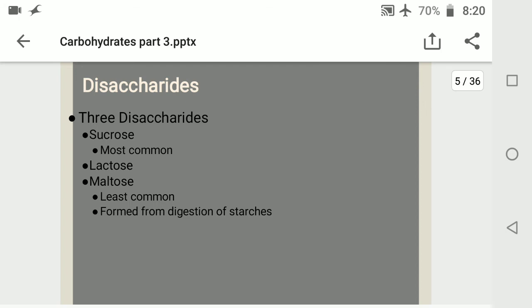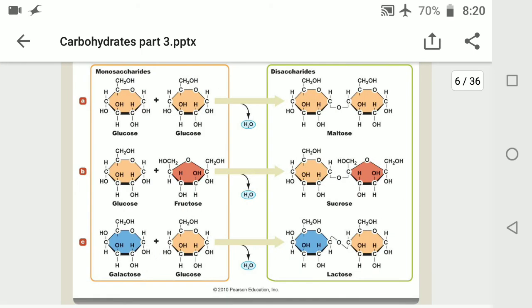Disaccharides: there are three disaccharides, sucrose, which is the most common, lactose, and maltose. Maltose is the least common. It's formed from the digestion of starches. See how monosaccharides form disaccharides. When two glucose molecules are joined together, they give off a water molecule and form the disaccharide maltose.